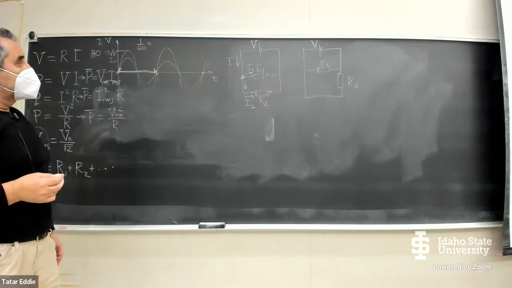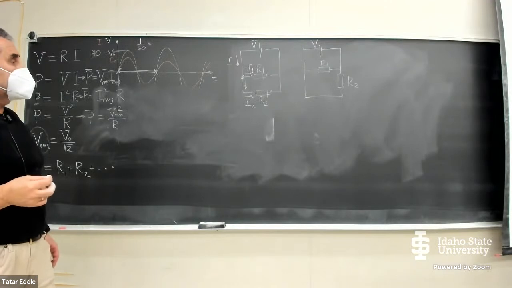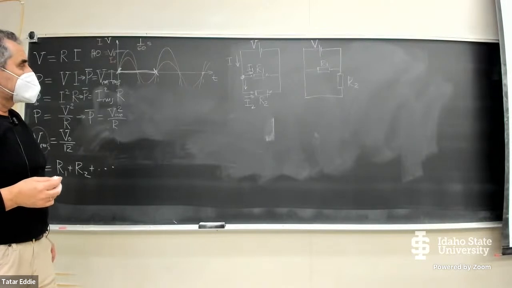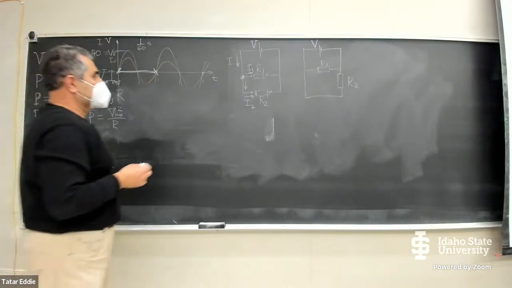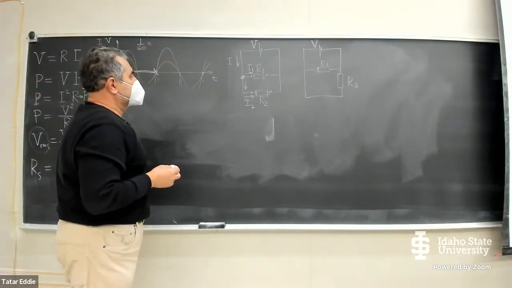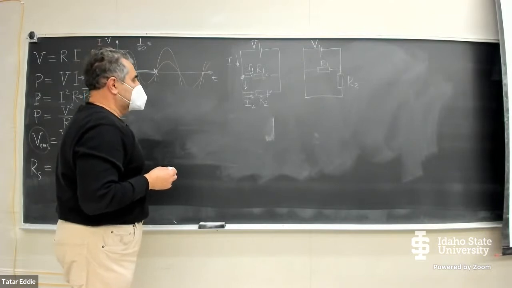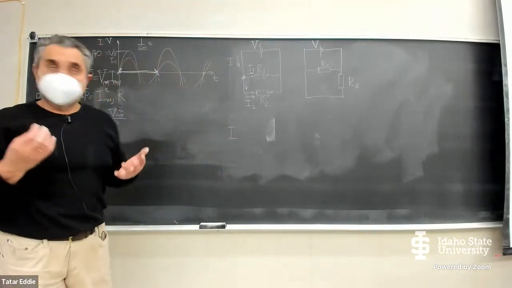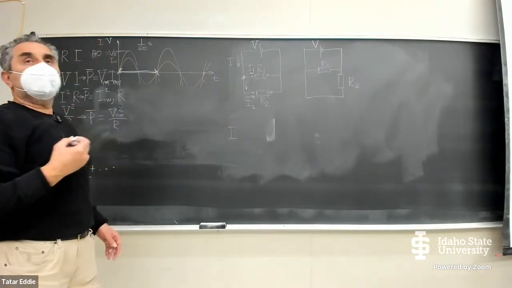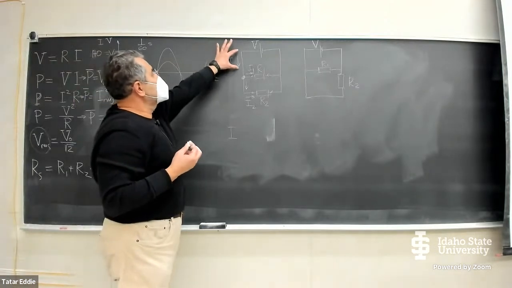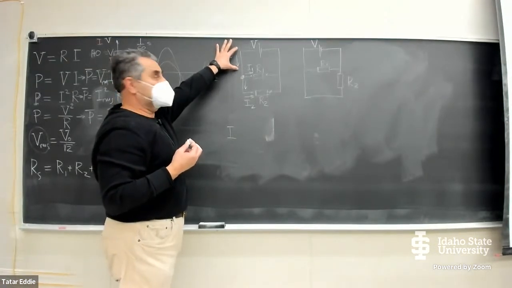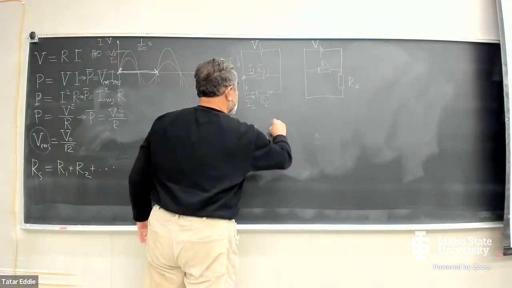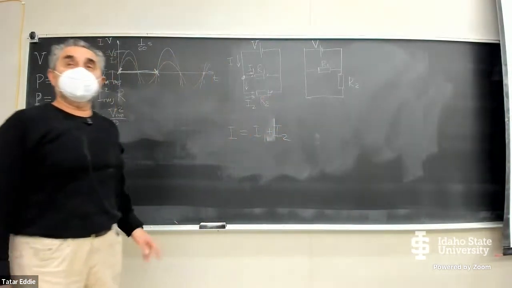Well, since electric charges are conserved, you can say that the total current coming from the battery is equal to the sum of the two currents. Right? It splits into two, but nothing is lost.